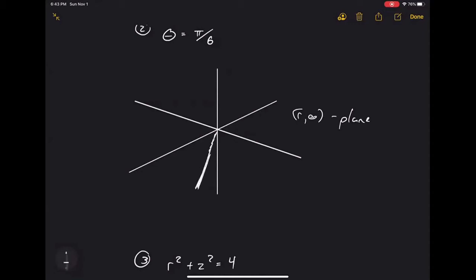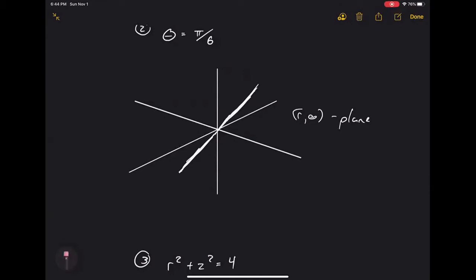So really, in that horizontal plane, theta equals pi over 6 will just be that line through the angle pi over 6. And really, pi over 6 would be more like here, right? So this is that line in the horizontal plane. And then again, we're not given any restrictions on z either. So z could be 0, which would put us in this horizontal plane. It could be 1, which would be like up here, 2, and so on.